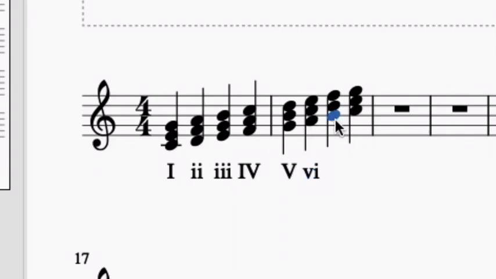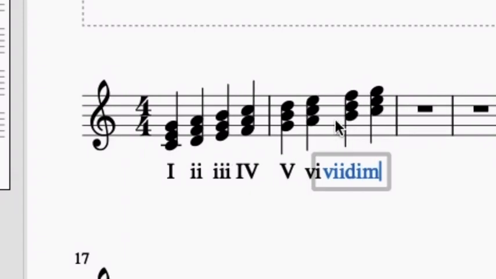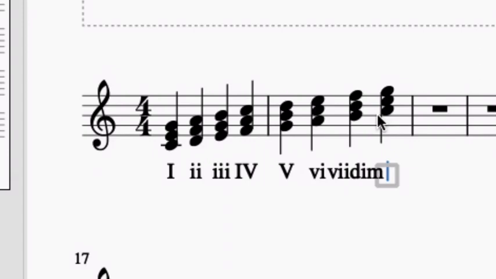That's correct, diminished. 7. And I don't know how to add a circle, so I'm just going to do dim. And of course, we're back to the key note, C major. So it's back to 1.